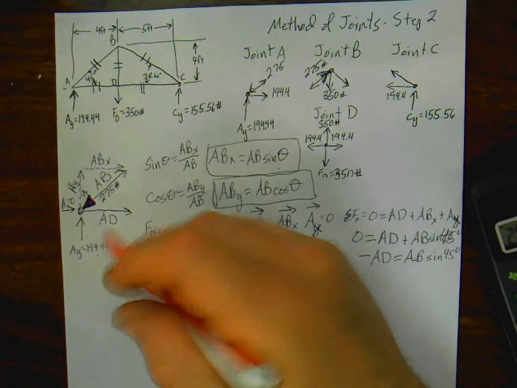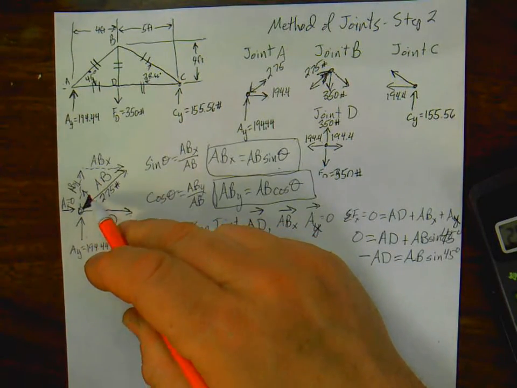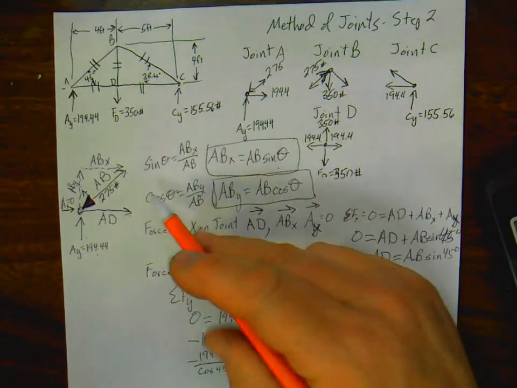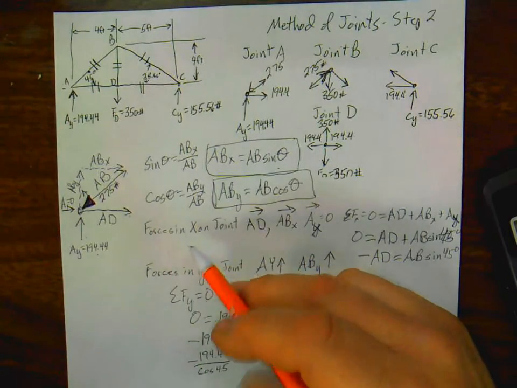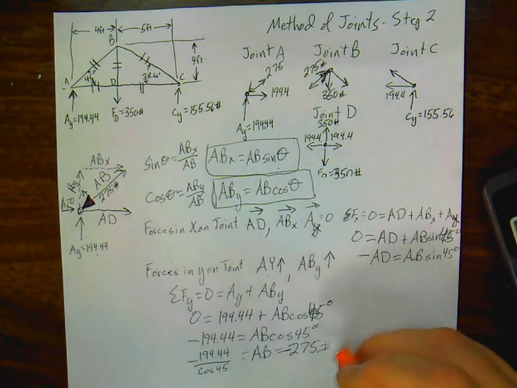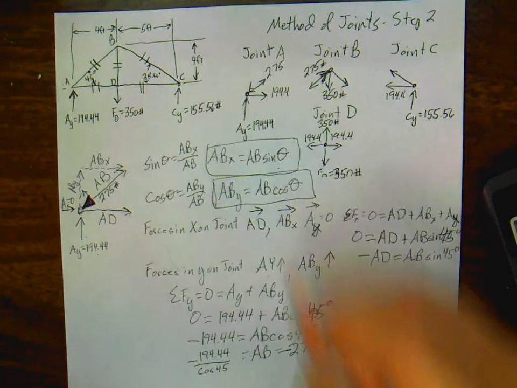Now that we have AB and we have a minus, we can go back in and replace this right here with it.